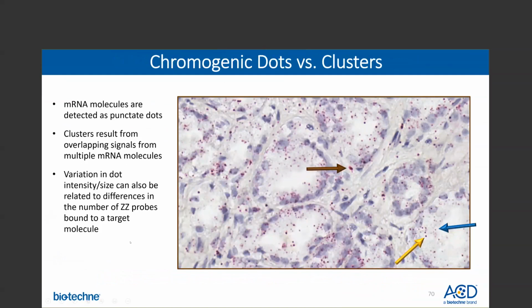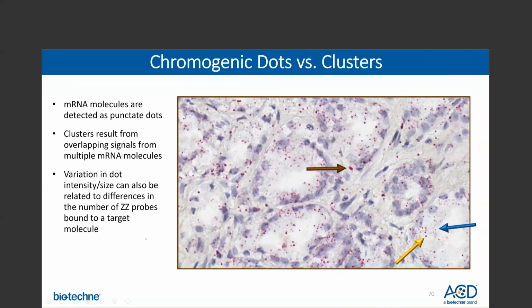As I mentioned at the start of my webinar, mRNA molecules with the RNAscope or the BaseScope assay are going to be detected as punctate dots, which is shown by yellow and blue arrows here. You can have clusters, which would result from signals that come from mRNA molecules that are in close proximity, shown by the brown arrow.